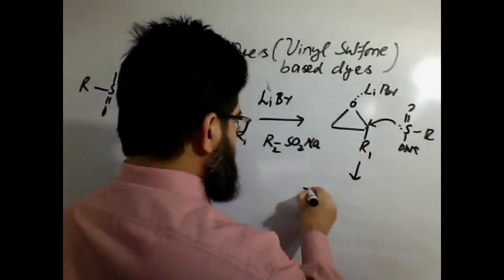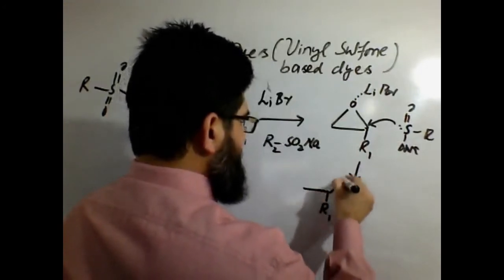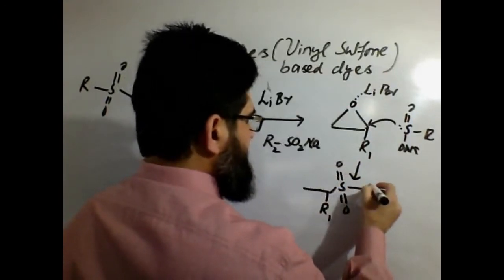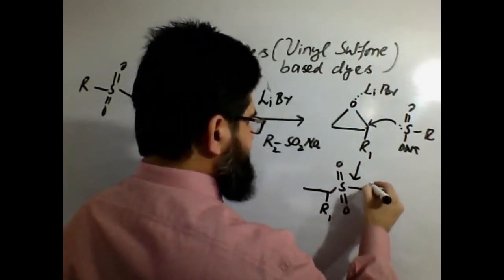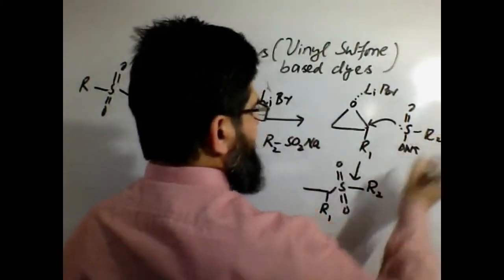So what is there? We have R1, here is S, and here is the R2 from this side.